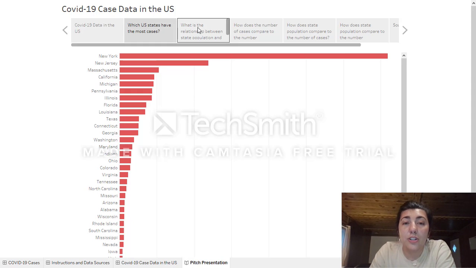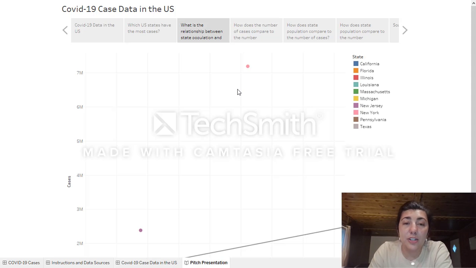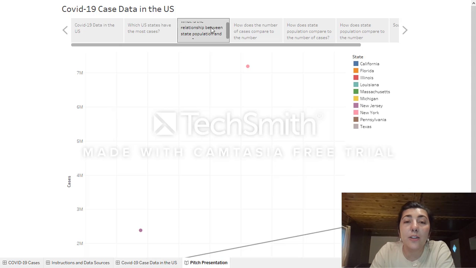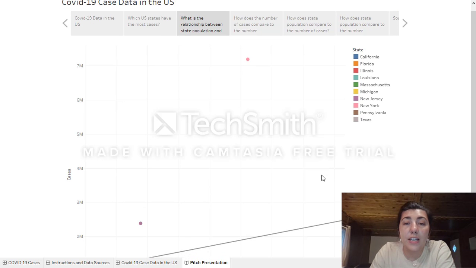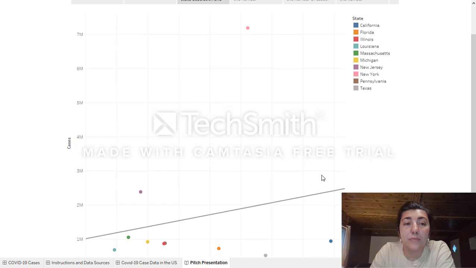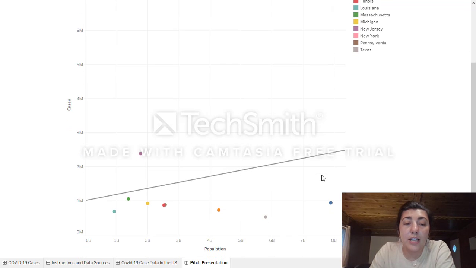So the next question that I posed is, what is the relationship between state population and the cases? So for this visualization, I wanted to compare and look at the relationship of the cases in the population. So I put the case numbers on this axis and the population on the bottom.